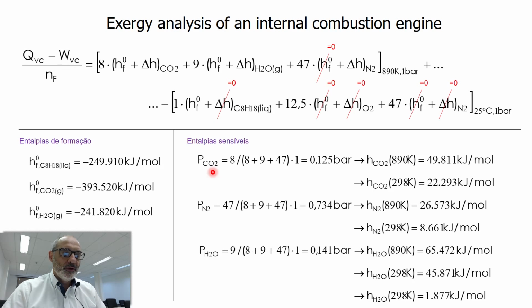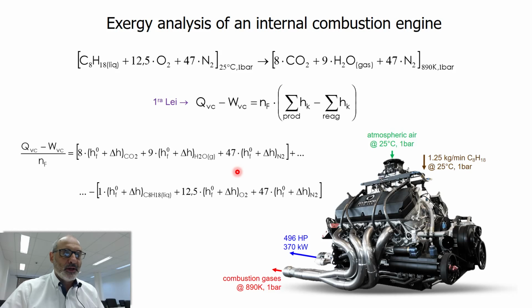So the partial pressure of CO2 is its molar concentration times the total pressure. The number of moles of CO2 is 8, and the total number of moles is 8 plus 9 plus 47.